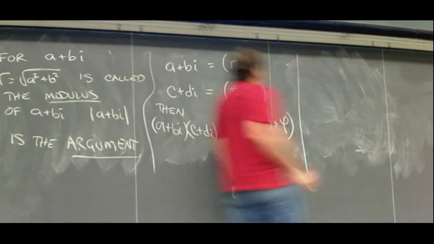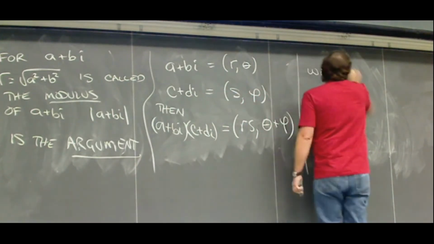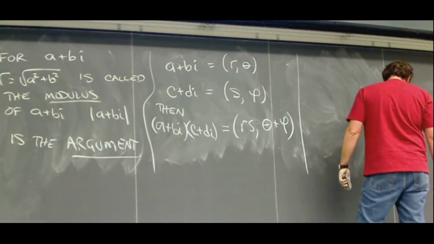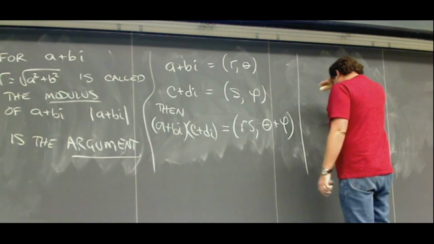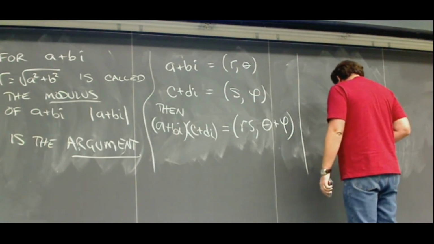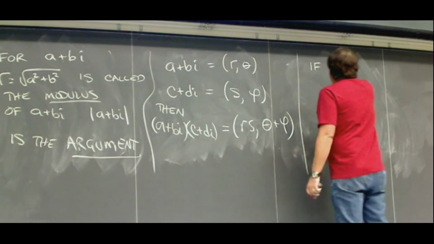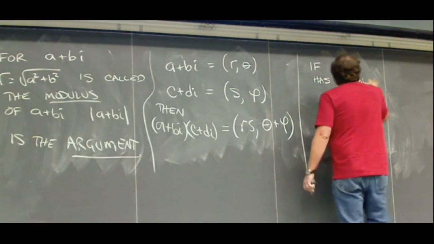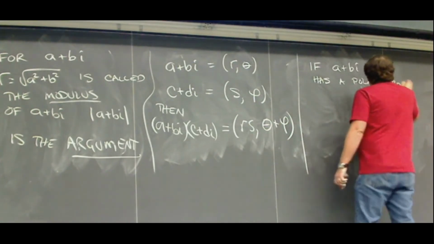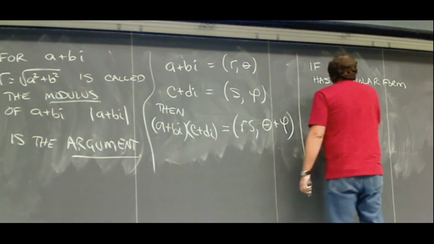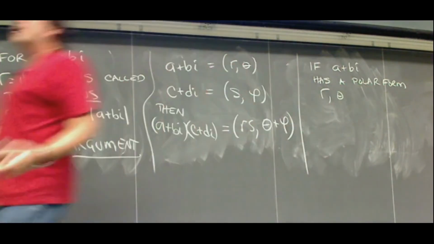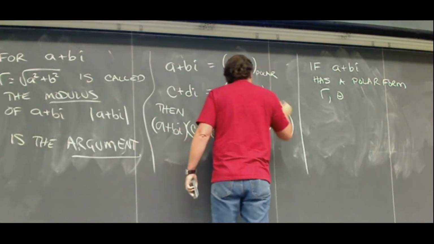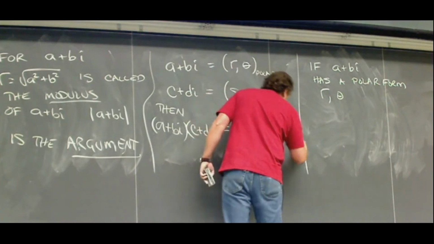We usually write, so if a plus bi has a polar form r theta, then instead of writing polar form r theta this way, maybe I should write polar here, because I'm never going to write this notation anymore.